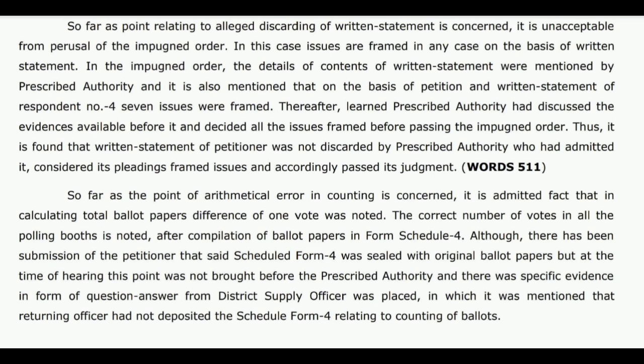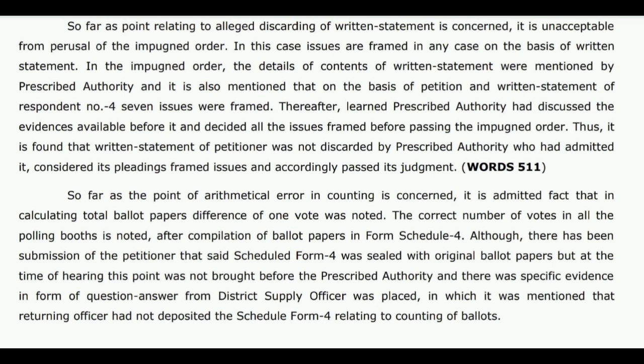So far as the point of arithmetical error in counting is concerned, it is an admitted fact that in calculating the total ballot papers, a difference of one vote was noted. The correct number of votes in all the polling booths is noted after compilation of ballot papers in Form Schedule 4.